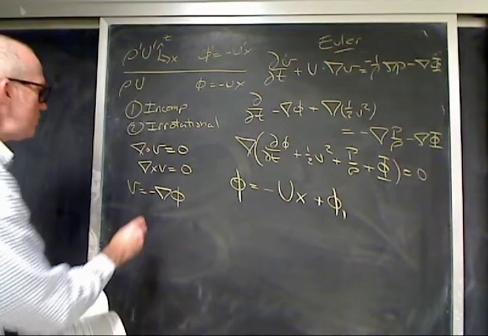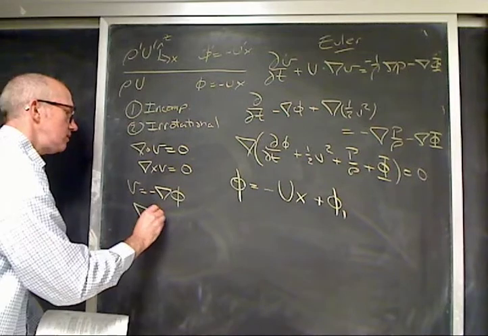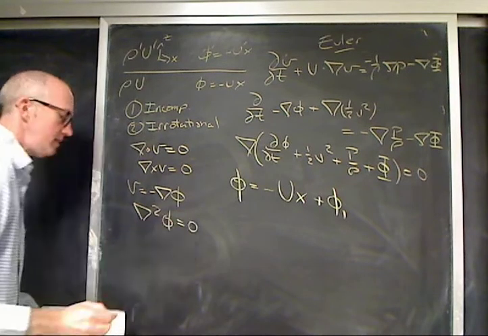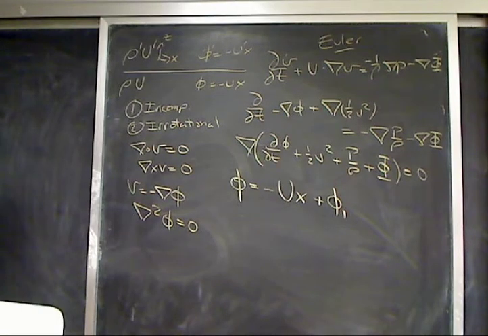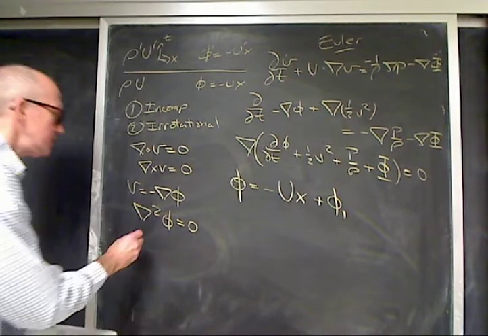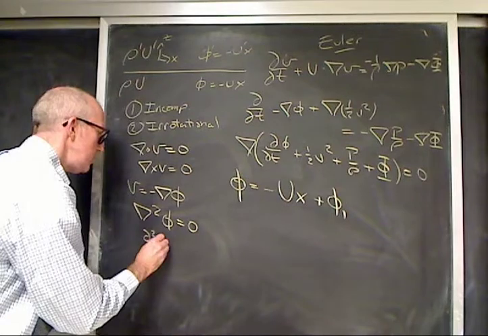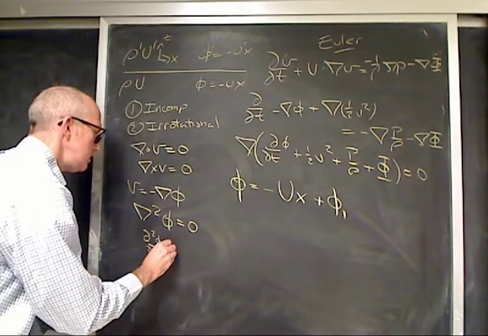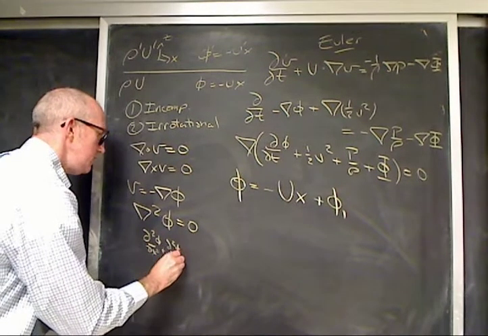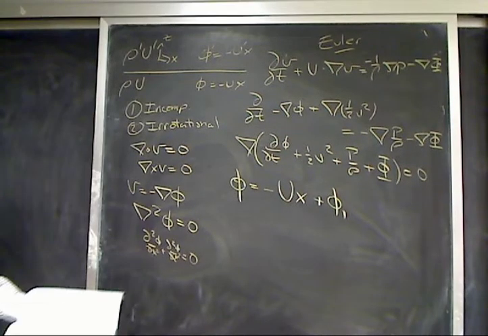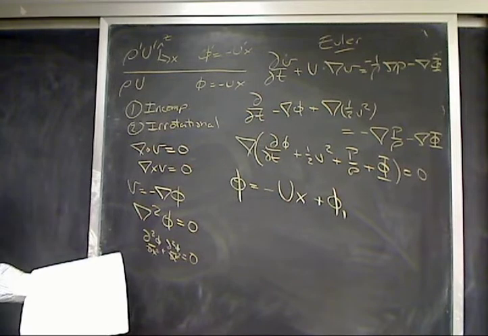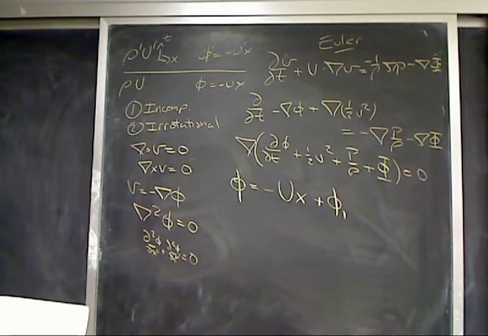I also know, this is just another fact that I know, del squared phi equals 0. And this is going to be useful in a second. So this says that d squared phi dx squared plus d squared phi dz squared equals 0. That's what del squared phi equals 0. And we're not going to ignore the y coordinate for now.